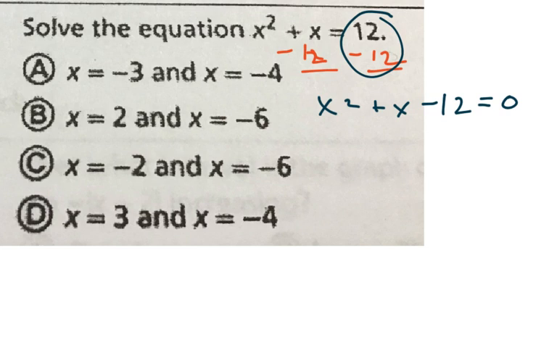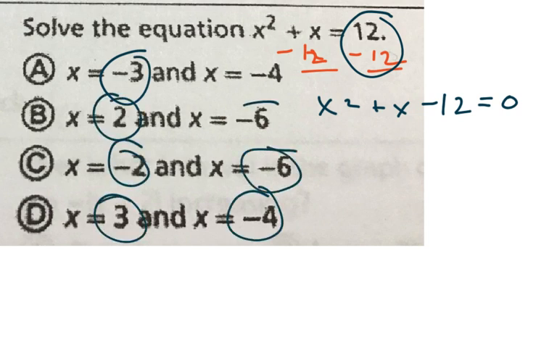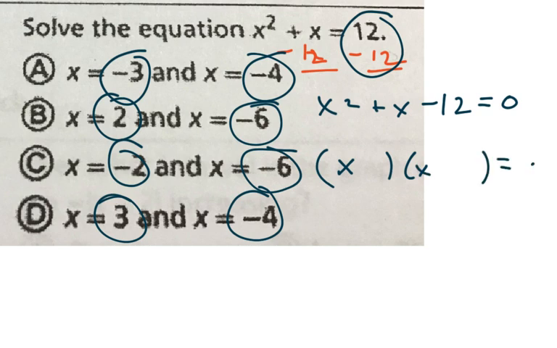Now, I can do the quadratic formula, but look at all the answers, guys. See how they're integers? That tells me I should be able to factor this. So how about we do x times x? That gives us x squared. We know the 12 is generally 3 times 4.